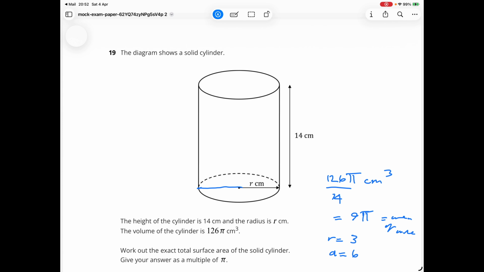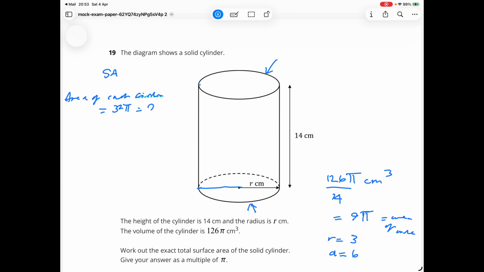Now, in order to find the surface area, we have to do the area of 2 circles. So area of each circle equals 3 squared pi.